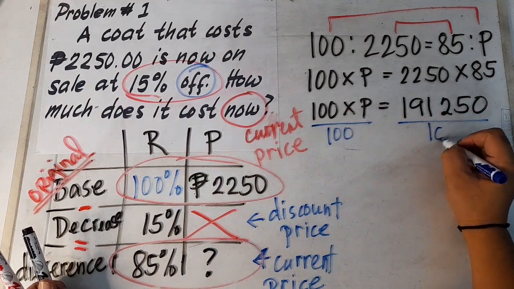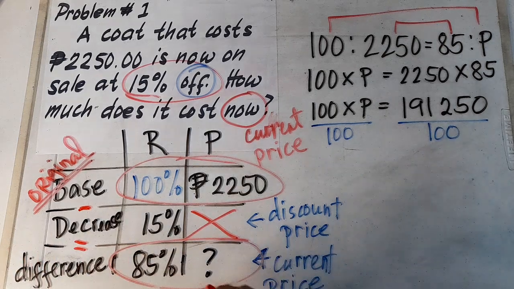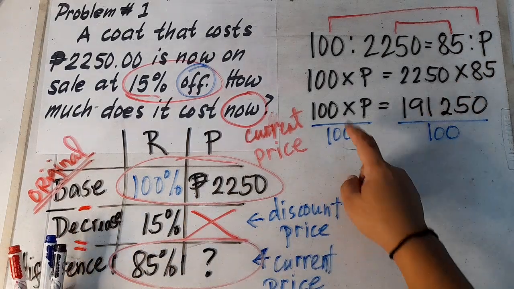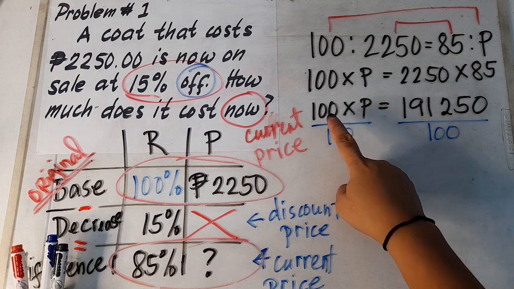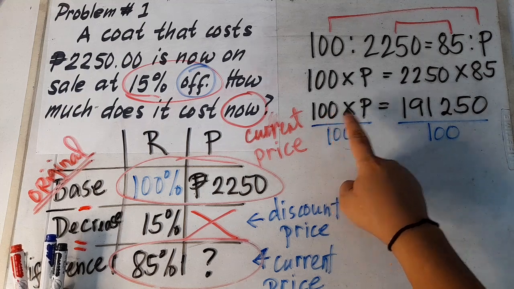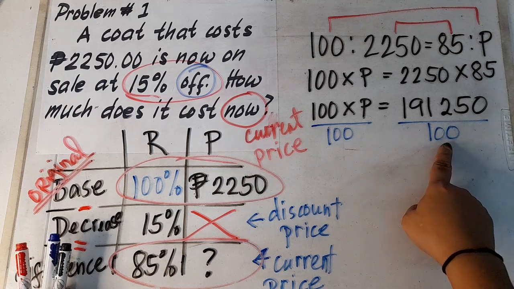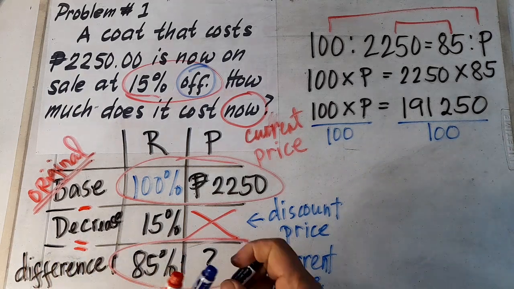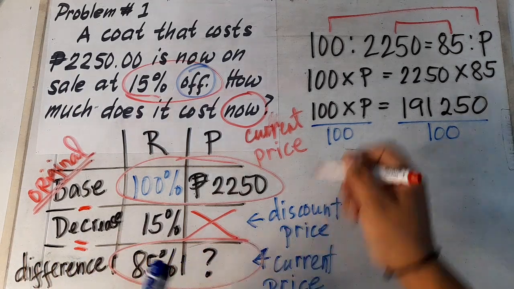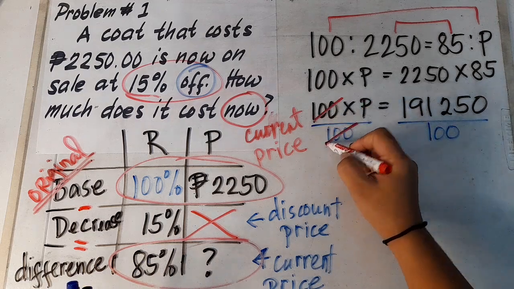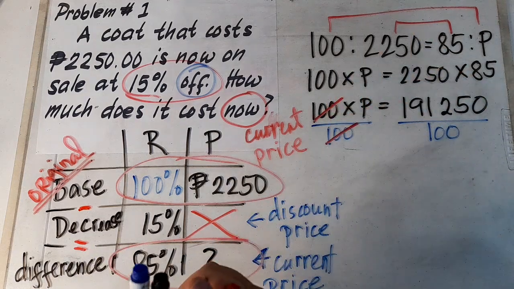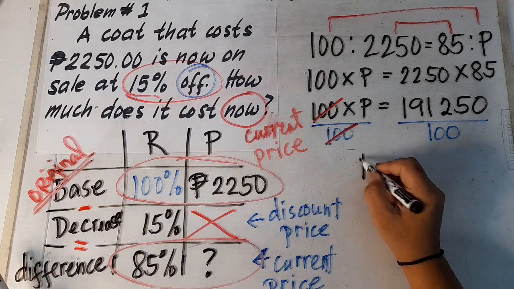Okay? Ma'am, pwede po ba kahit na anong number ang ipang divide? Hindi. Mas madali kung ano yung factor na kasama nung unknown ninyo, yun ang gagamitin ninyong divisor. Okay? So, we'll cancel out 100. 100 divided by 100 is 1 times P. That leaves you with P.